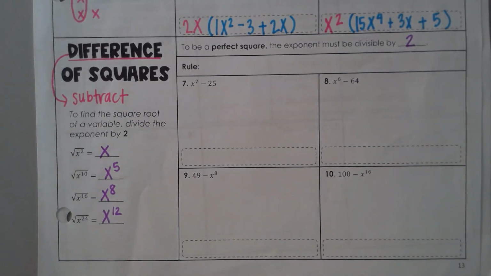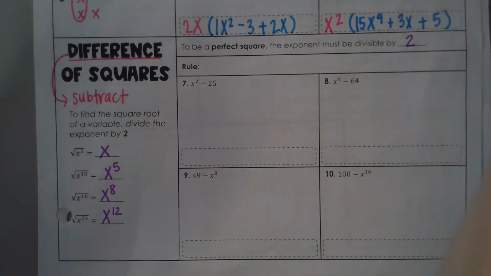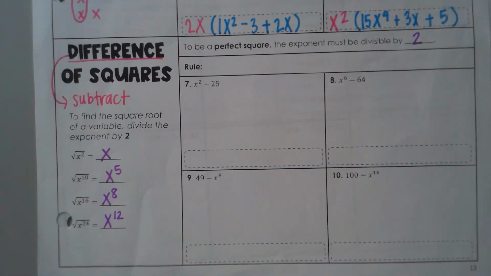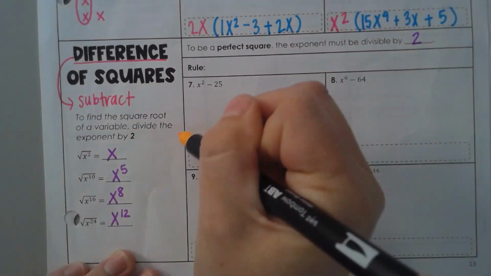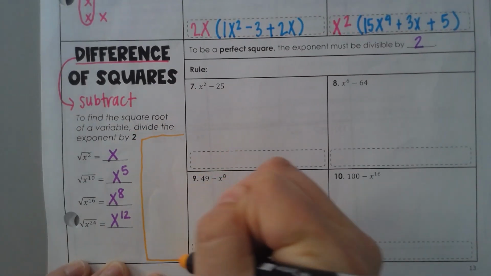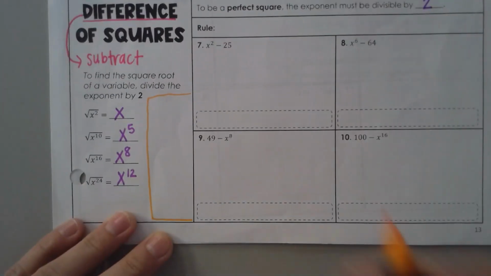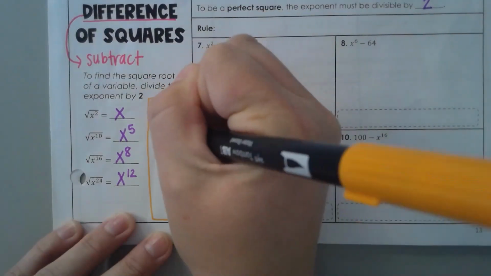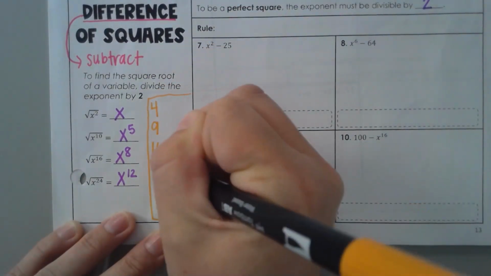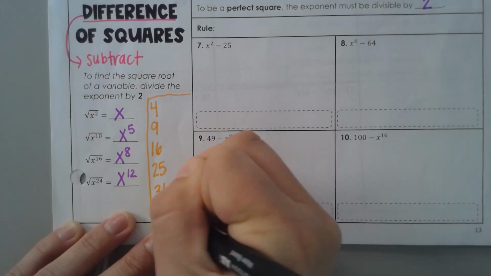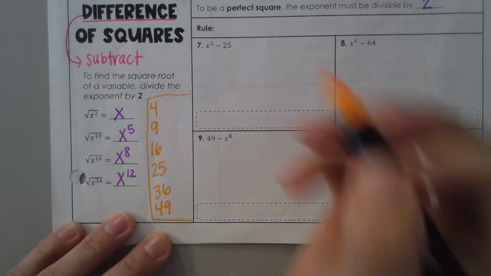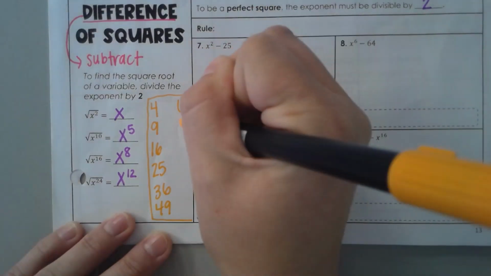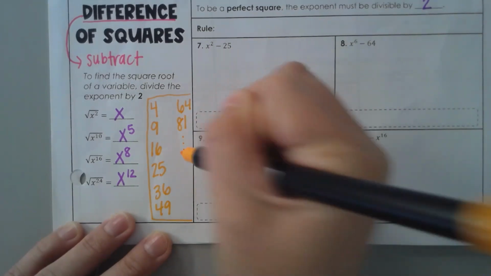Now your perfect squares, your numbers, we did these a lot in quadratics, like 4, 9, 16, 25, 36, 49, 64, 81, and so on.